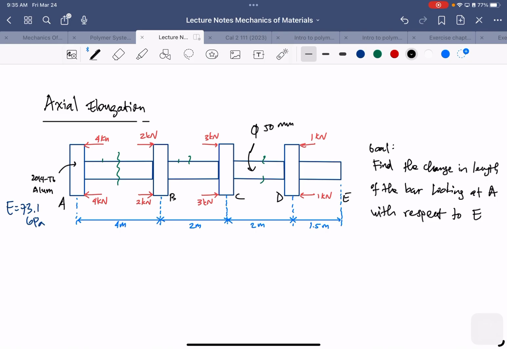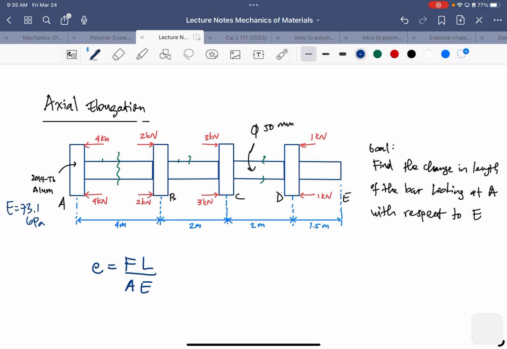Remember the formula we had before for the elongation: delta equals FL over AE. The question gives you the force, and in L, they all have their lengths. And E, they are the same material, 73.1 GPa. The cross sections all have the same diameter.